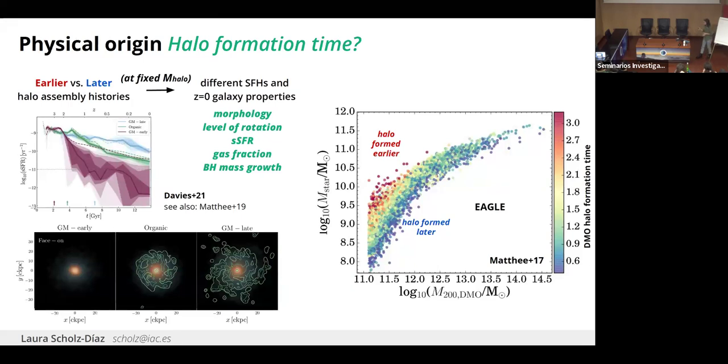So essentially, just by shifting the formation time of the halo, keeping the whole galaxy formation model the same, and keeping the same halo mass today, you end up with a completely different galaxy at present day. And we also observe that the scatter of the star, I remind you what I showed you earlier in the previous slide, at fixed halo mass, earlier formed halos host more massive galaxies than later formed halos.